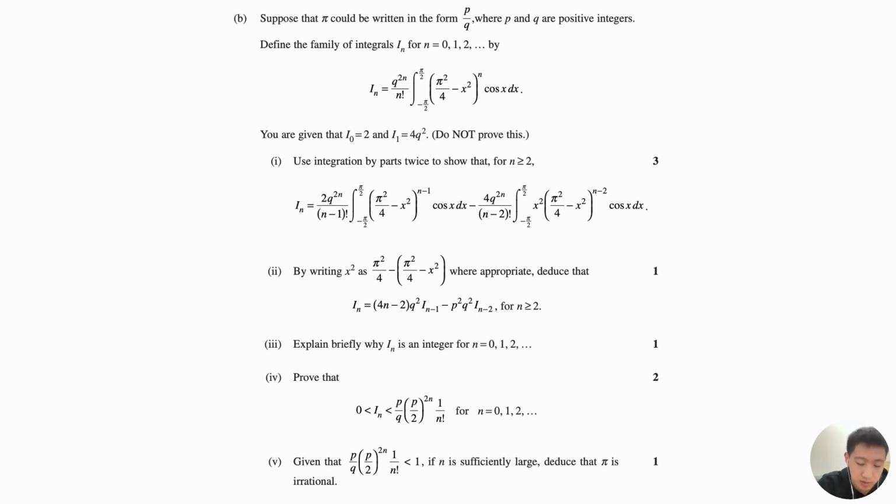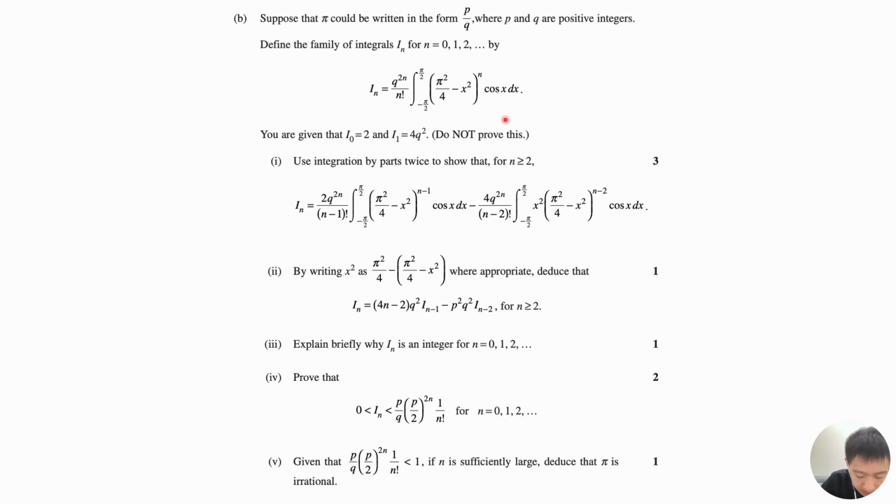Suppose that pi could be written in the form of p over q, that is, supposing that it's a rational number. It's a classic proof by contradiction question, because they assume pi to be a rational number, which we all know it really isn't, in order to prove that it's actually irrational.